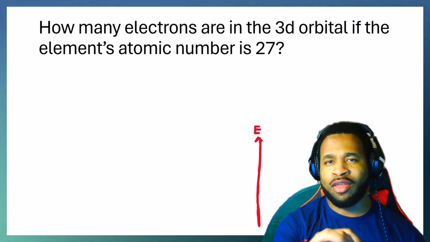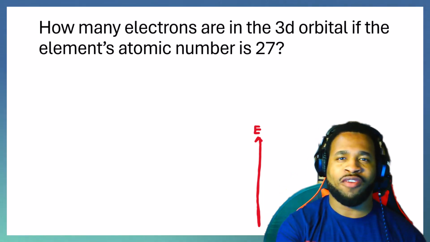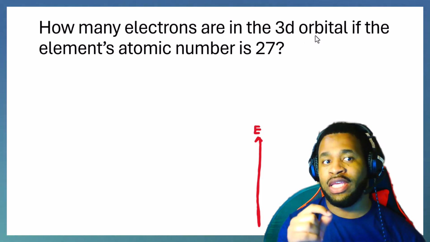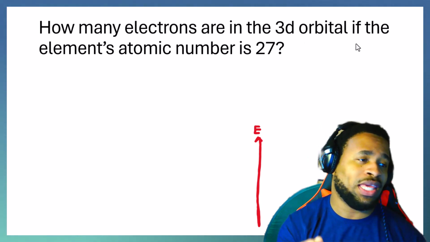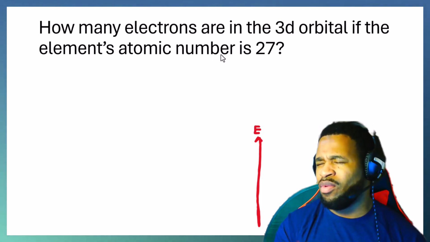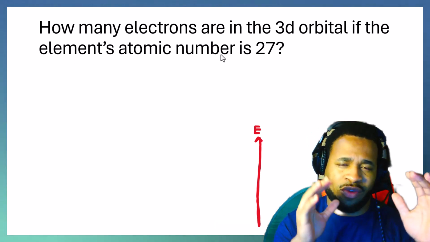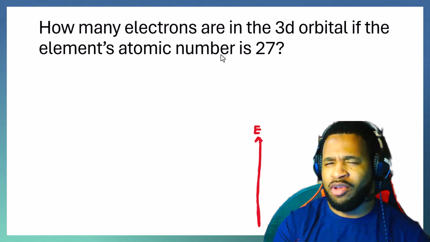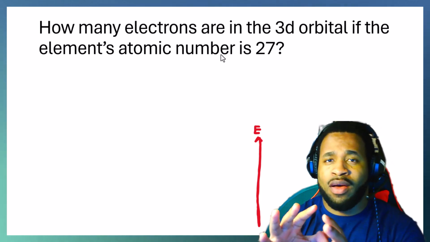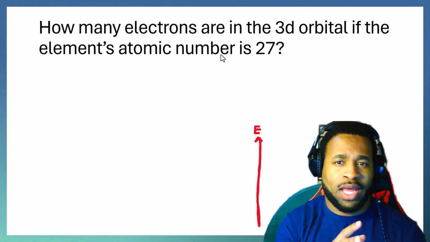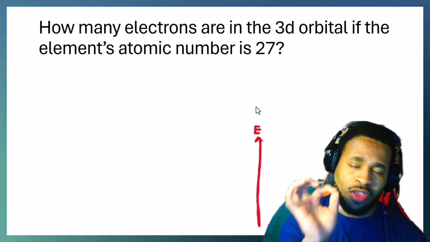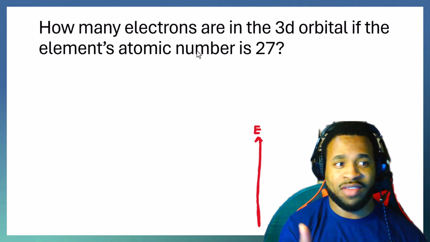Here we're going to look at another question, which says: how many electrons are in the 3d orbital if and only if the element's atomic number is 27? Just ignore that we are looking at a specific element on the periodic table, and assume it could be any atom or ion. This focuses mainly on the element's atomic number.